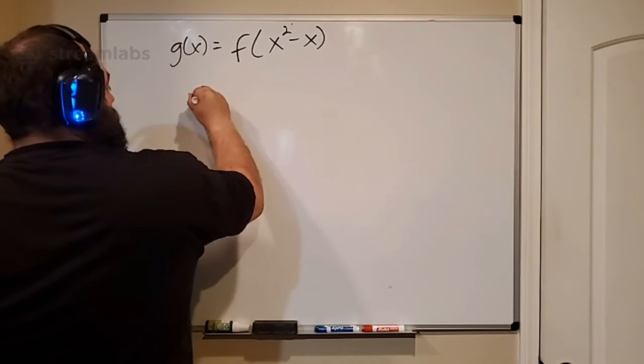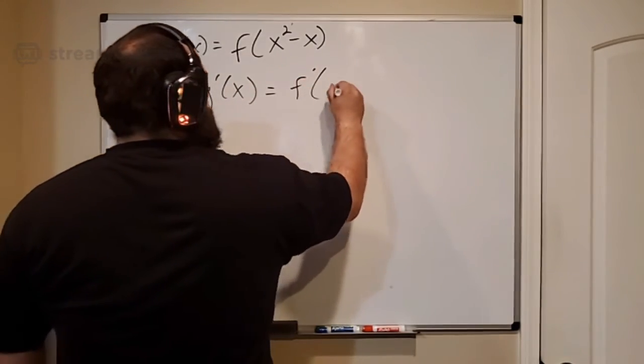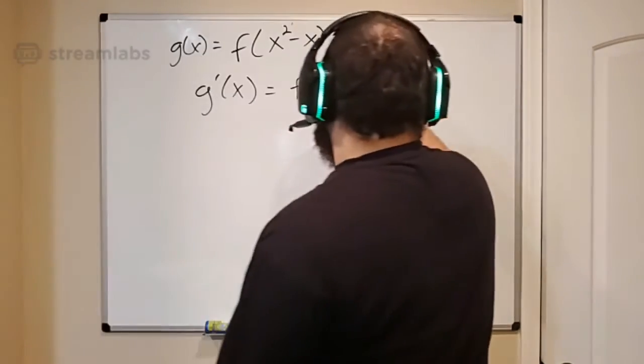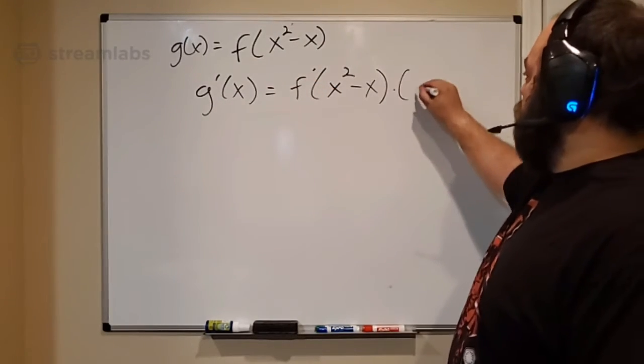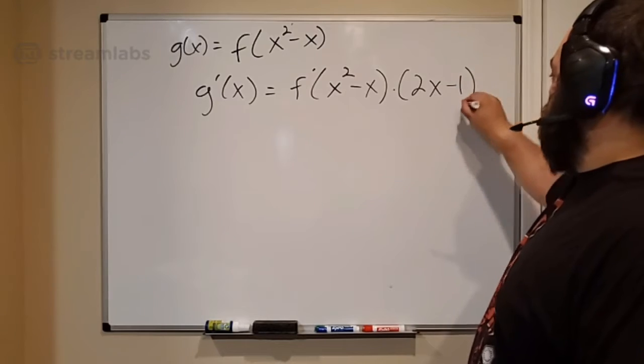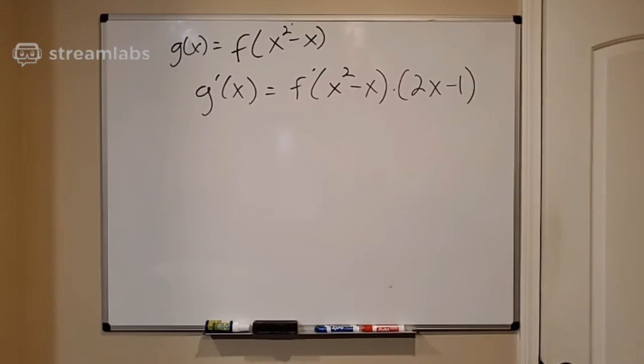So remember, this is a chain rule: derivative of the outside, leave the inside alone, times derivative of the inside. Okay, and then we're going to plug in, what value is it? 3. So then you plug in 3.